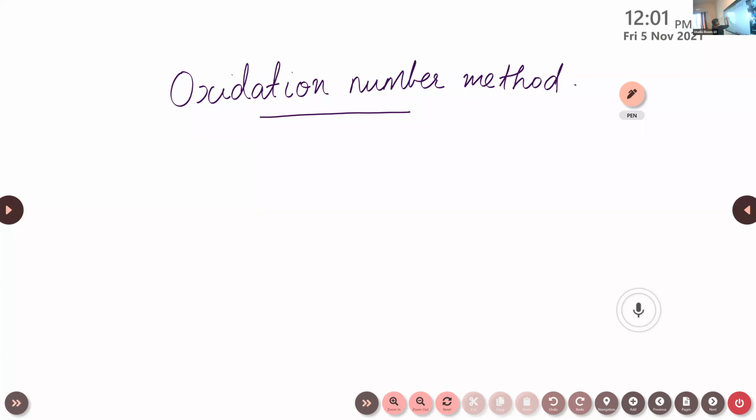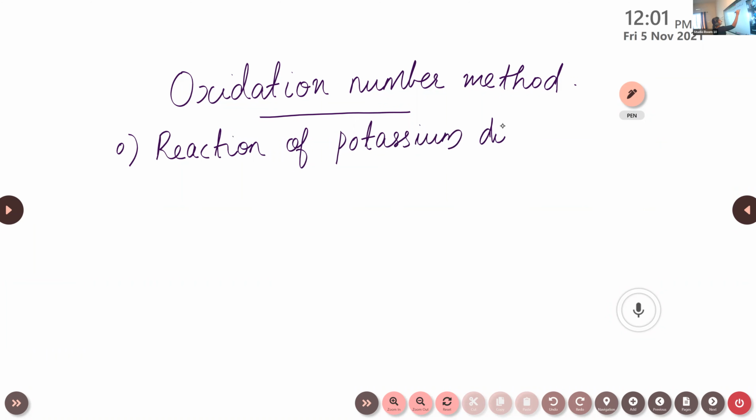So the question is: reaction of potassium dichromate, that is K2Cr2O7. That's the chemical formula of potassium dichromate.